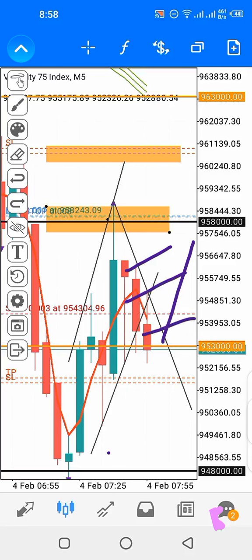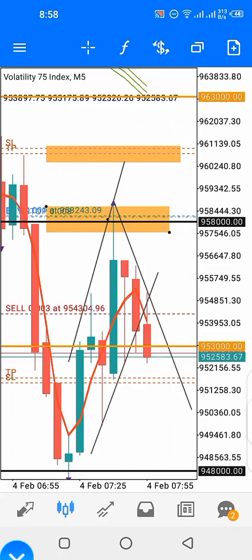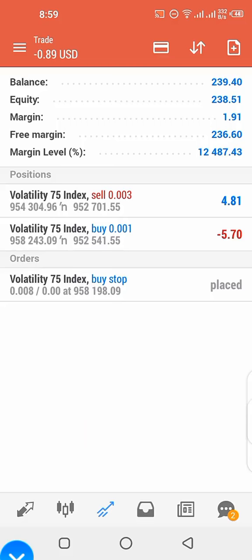If this particular candle forms a solid bearish candle, then we can see price going downward. So we need to continue to monitor how price action unfolds.